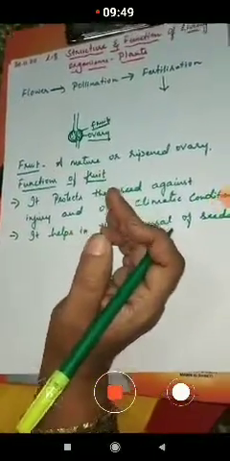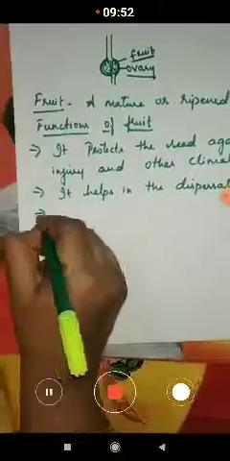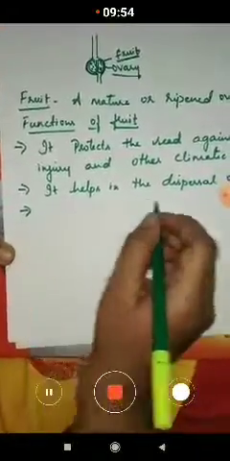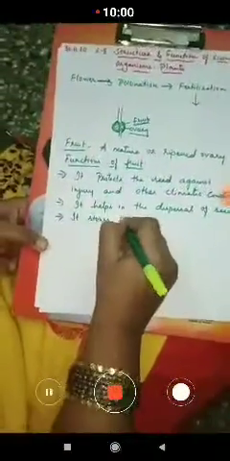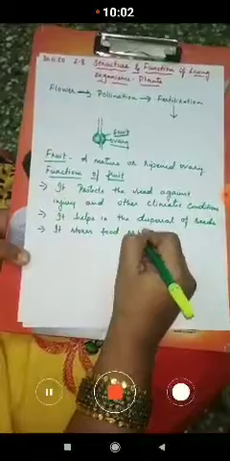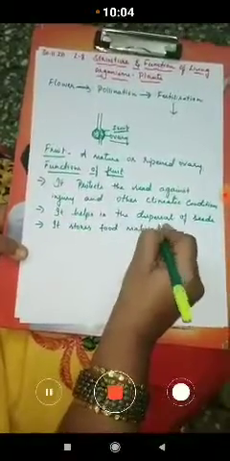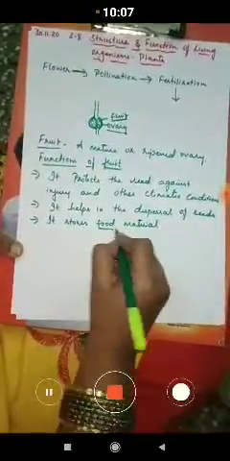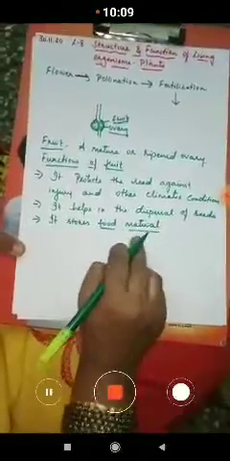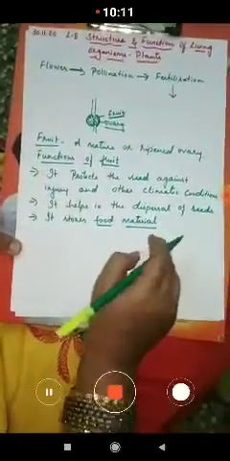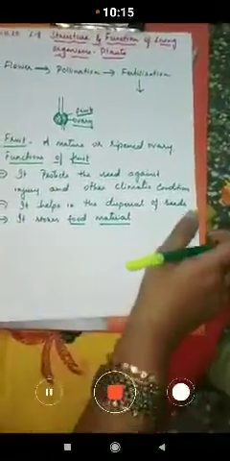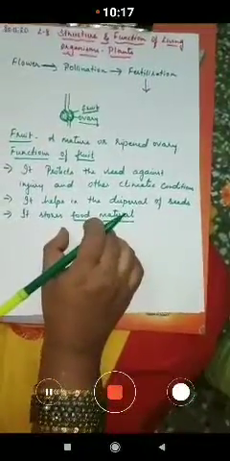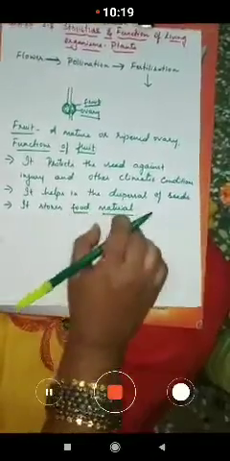So now the next function of the fruit is, the fruit stores food material. Yes, the fruit stores the food material. You have to remember, it stores the food material. As we can observe, the fruit stores the food material for the seed.